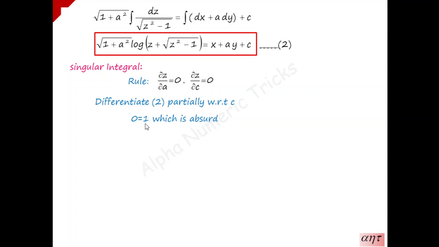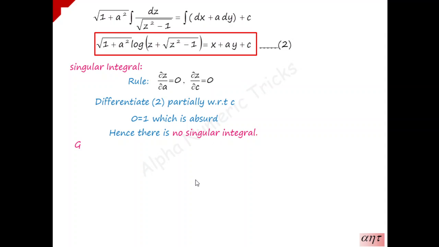So 0 is equal to 1, which is an impossible result. That's why we conclude that there is no singular integral for the given problem. That's why I said previously that you should first differentiate the constant which is separately there in your complete integral. For that reason only I told like this.